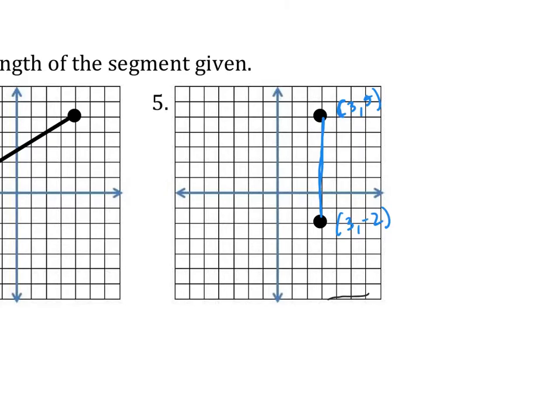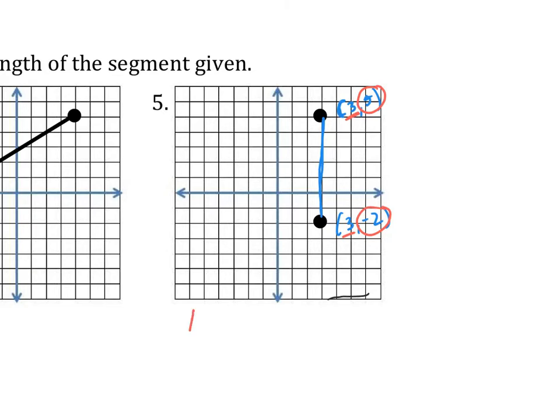5, and then the coordinate point 3, -2. We can see here that we're going to be having a distance in the vertical direction. So our horizontal value, our x value, didn't change, but our y value did. So that's what we're going to use to find our distance, or you can just count.